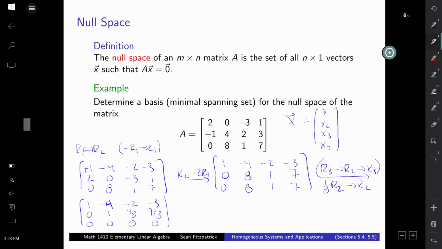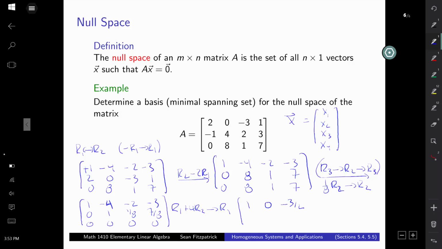And then let's go all the way down to reduced echelon form, so I have to do my backwards step. I go row 1 plus 4 row 2 and make that my new row 1. 4 times 1 over 8 is a half, so minus 2 plus a half leaves me with minus 3 over 2.